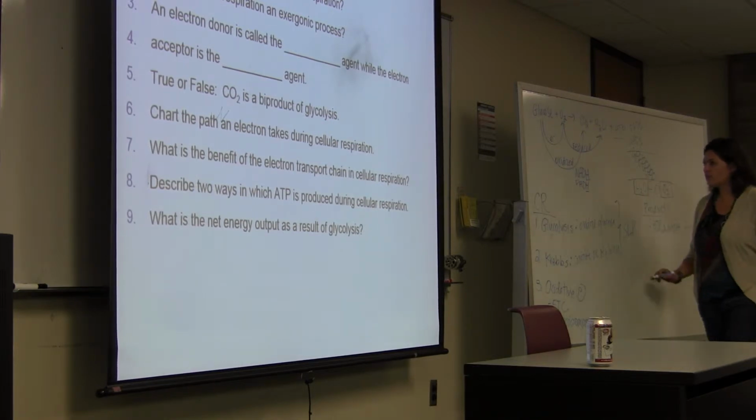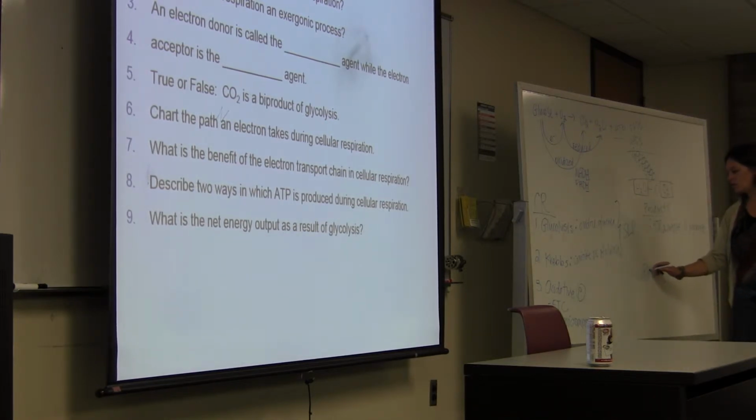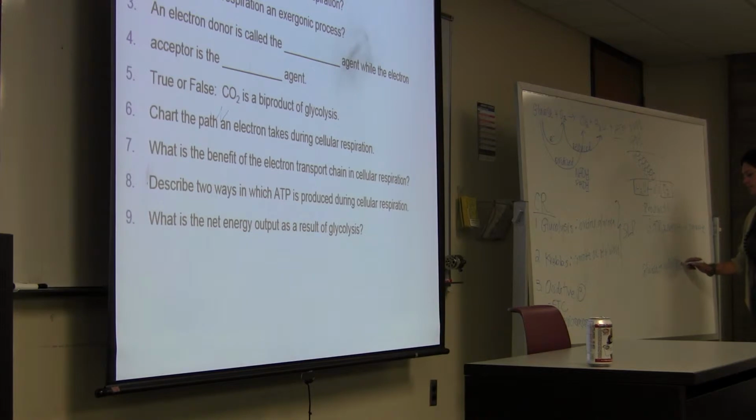So they're going to go from glucose to NAD and FAD. And then from there, they're going to go to the electron transport chain where they're going to meet up with oxygen to make water. So that's the flow of electrons in cellular respiration.